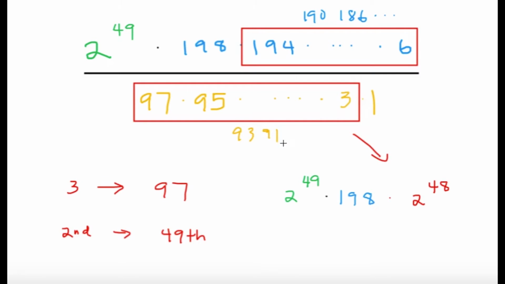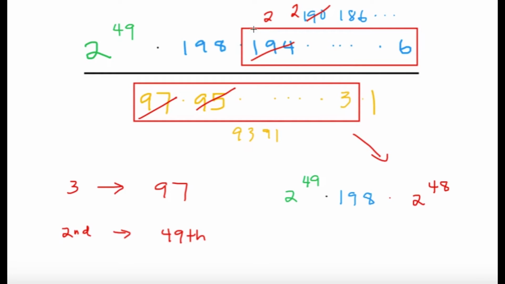This is pretty nice because 97 times 2 is 194, 95 times 2 is 190, 93 times 2 is 186. So we can see some cancellations here. 97 and 194 give a 2, 95 and 190 give a 2. All of these things in the top box simply become 2's after the cancellation.